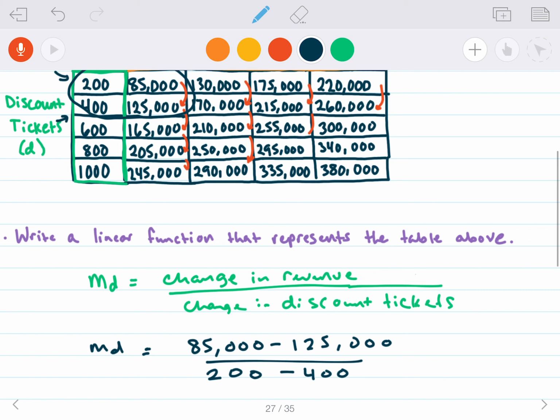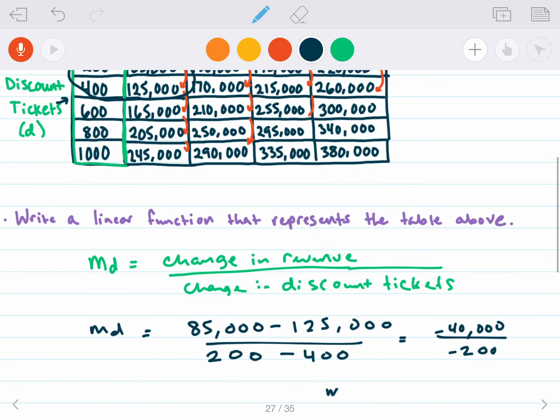Alright, so let's go ahead and compute this. So 85,000 minus 125,000 gives us negative 40,000 over negative 200. And what we're going to get is 200. So the slope in the D direction is going to be 200.